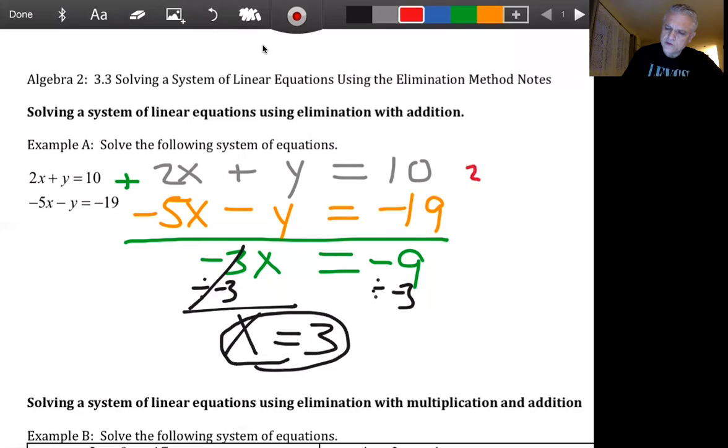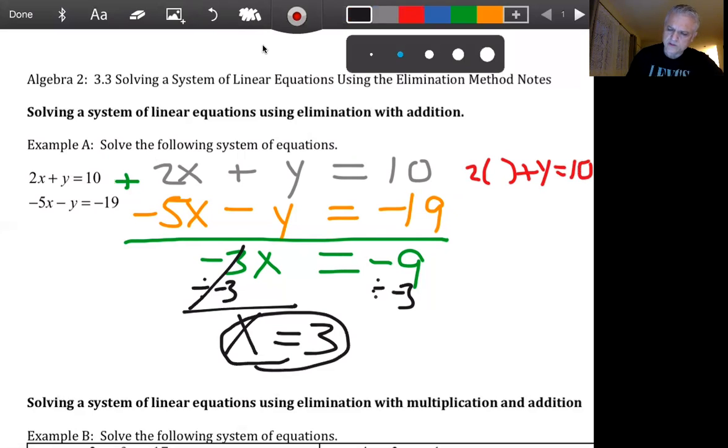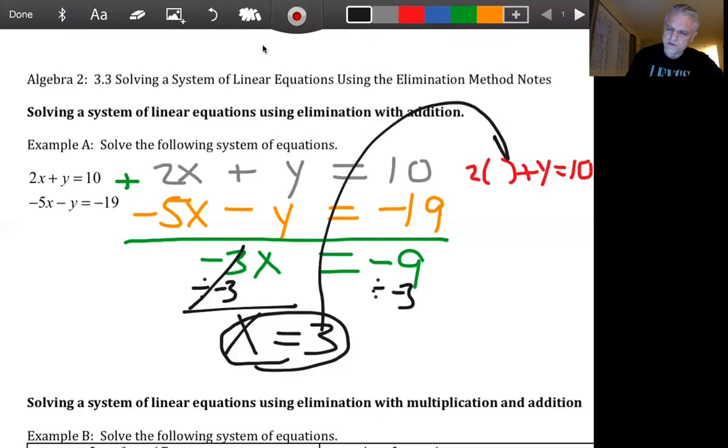Let's go with 2 times x plus y equals 10. Now what is x? x is 3. So we're going to take this x and put 3 right there. Now let's simplify and solve for y.